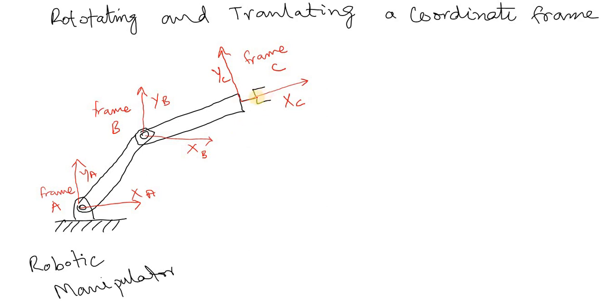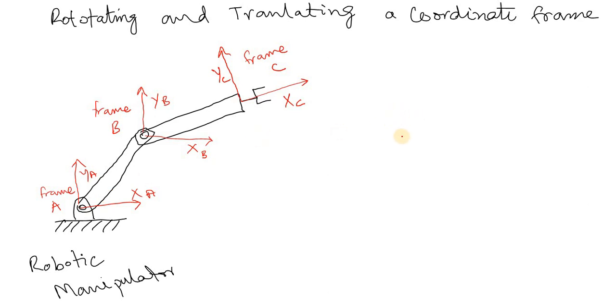To find the kinematics, the position of your end effector, using the algebraic method, you have to do these transformations, conversions of one frame to another frame to finally find the position and orientation of your end effector with respect to frame A. So that's why we are doing it.